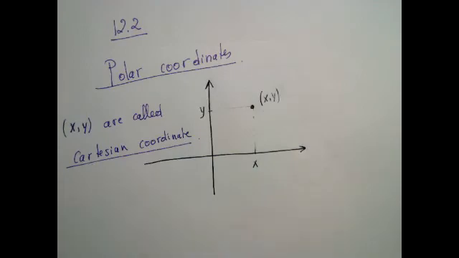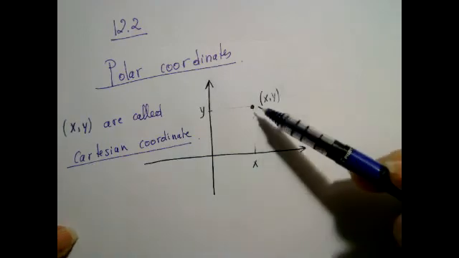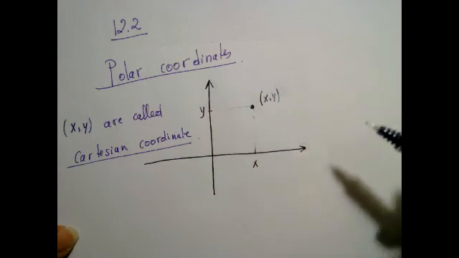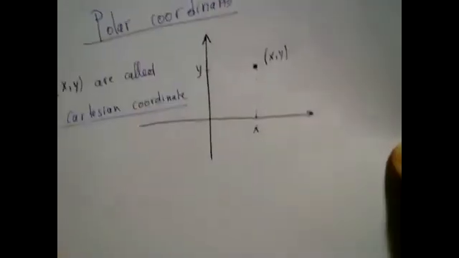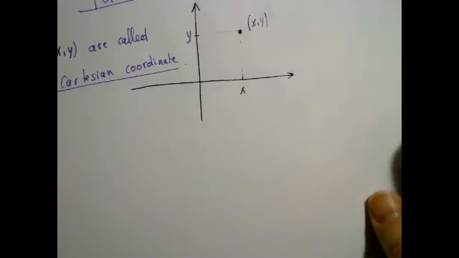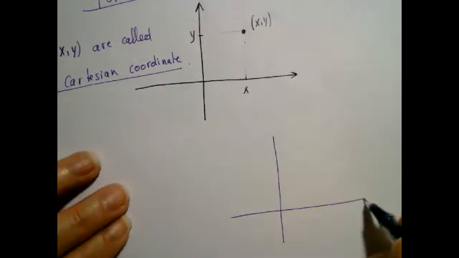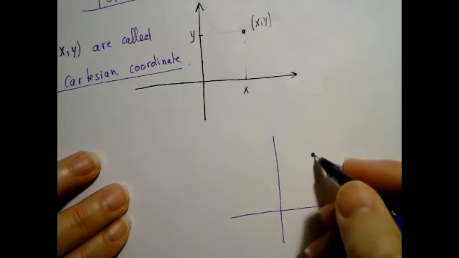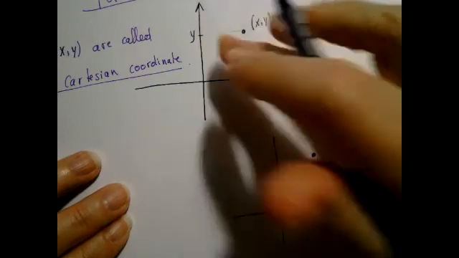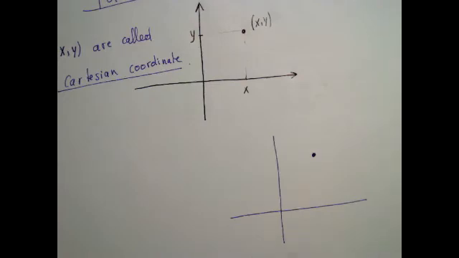Now, there is another way to tell you where a point is in the plane. What is this other way? Suppose we have a plane, and I have a point. I'm going to locate this point not by giving you x and y, but by giving you the following.